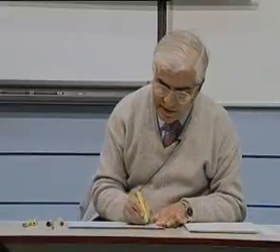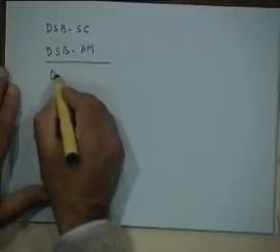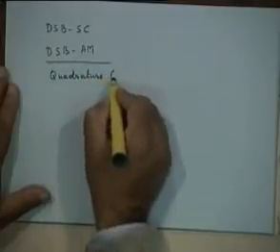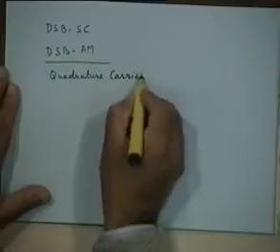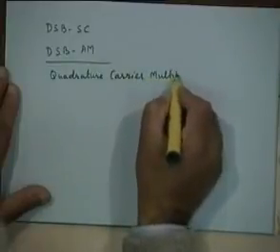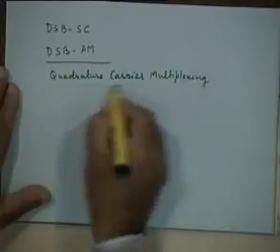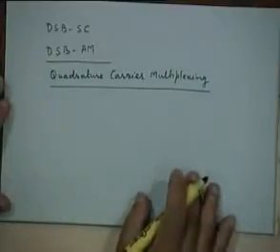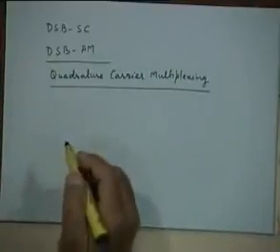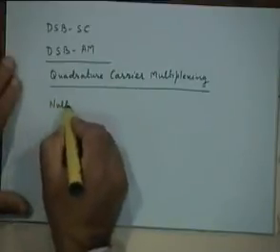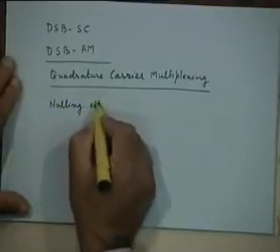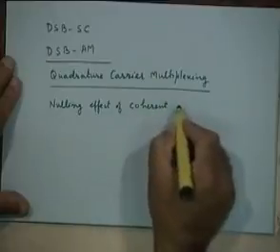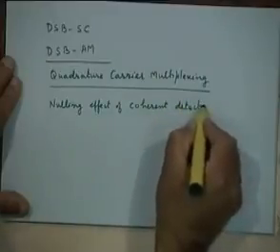So this is a very nice thing one can do, which is called quadrature carrier multiplexing. That is, you can put two signals on the same carrier, right? Normally we don't think of putting two signals on the same carrier. So we are here using the nulling effect of the coherent or synchronous detector to advantage.